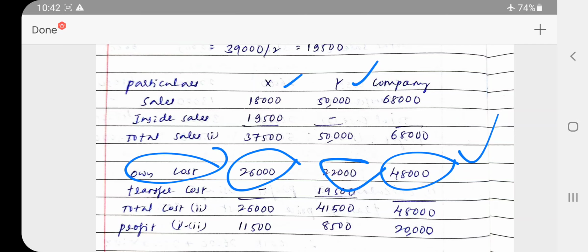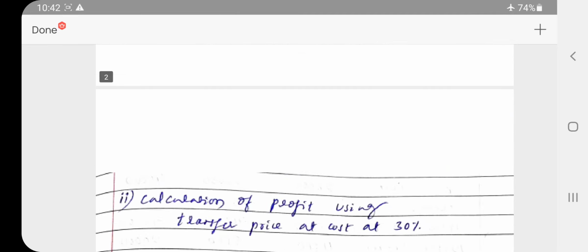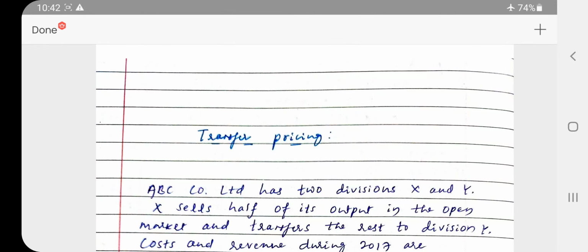And finally, ultimately, if you do 1 minus 2, that is nothing but total sales minus total cost, you will get profit. So for the company, for division X, 11,500 profit, 8,500 profit for Y, and total for the company 20,000 we will get in these situations. So by this information we can come to know how the transfer pricing differs across different situations.